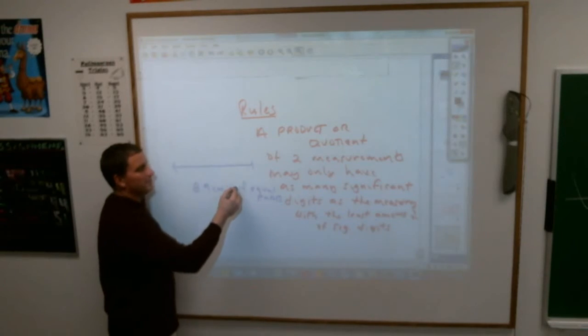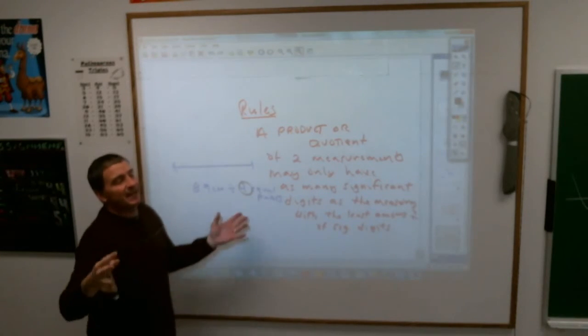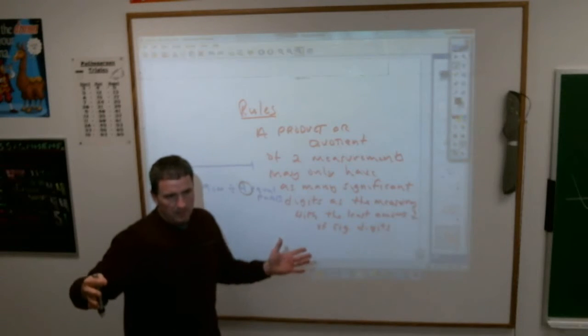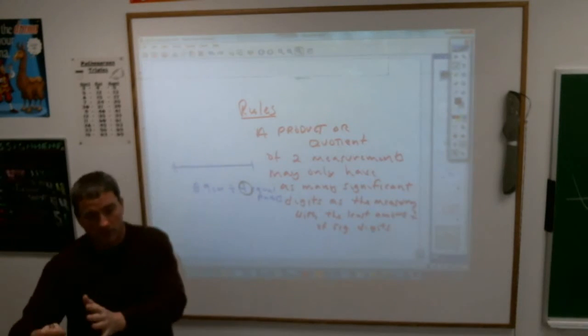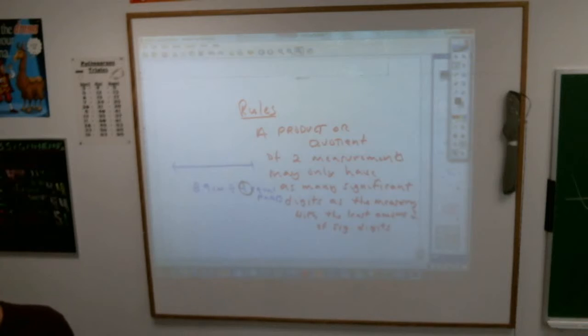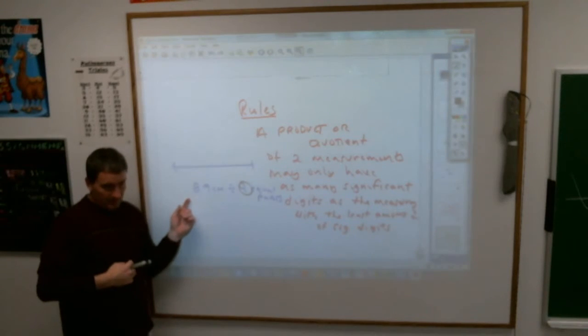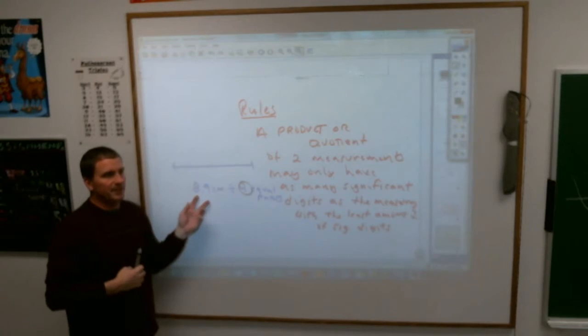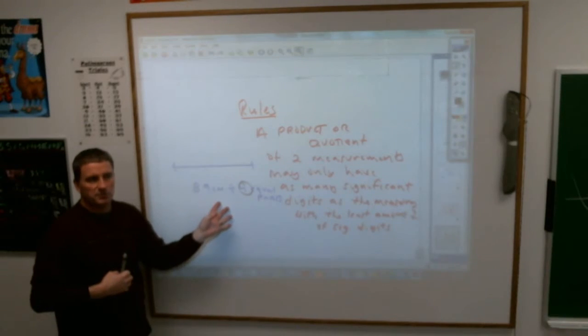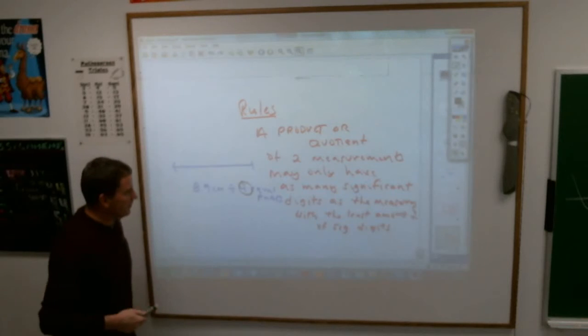The number 4, I'm cutting into 4 equal parts. That is an exact number, it's not a measurement. So you don't worry about significant digits with that. This is a measurement though, which means had I had a ruler that had thousandths, I could have gotten more specific or more exact with it.